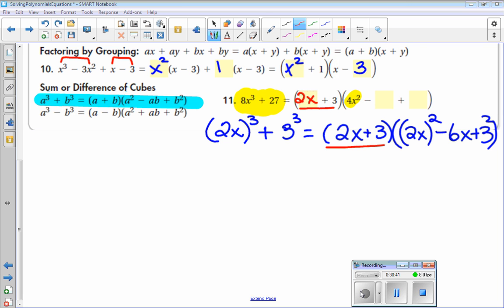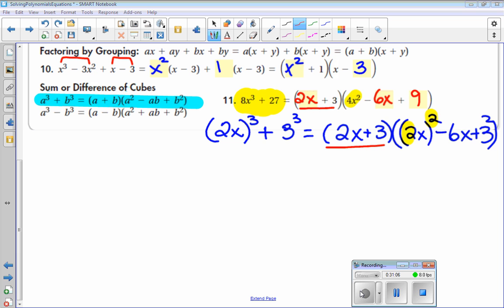Isn't 2 squared 4? So you have to remember to square the big number in front too, that's all. So 4x squared minus 6x plus, what's 3 squared? 9. So that is the correct factoring. That's a sum of cubes.